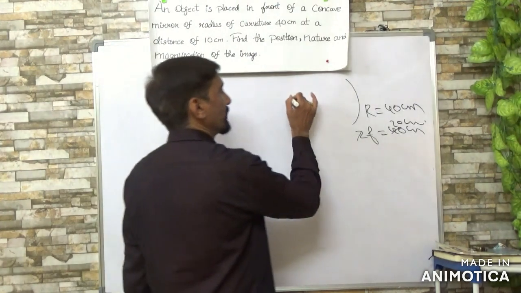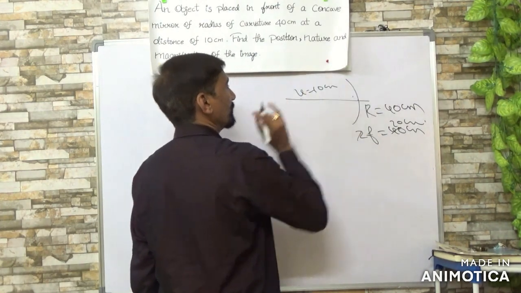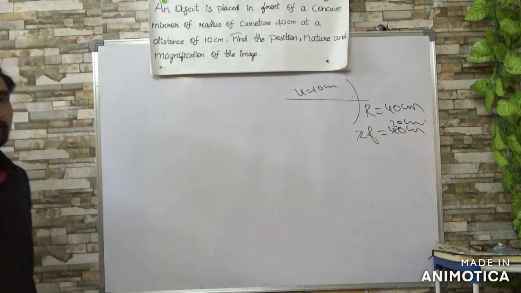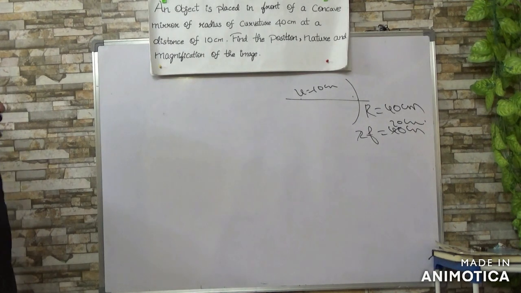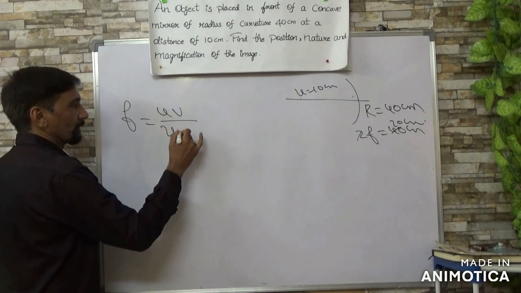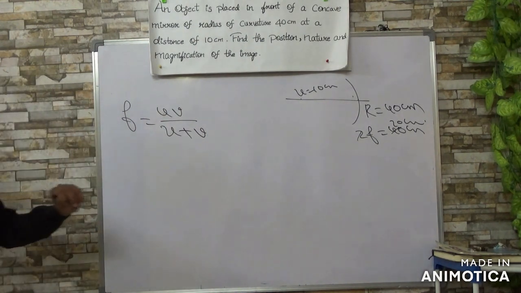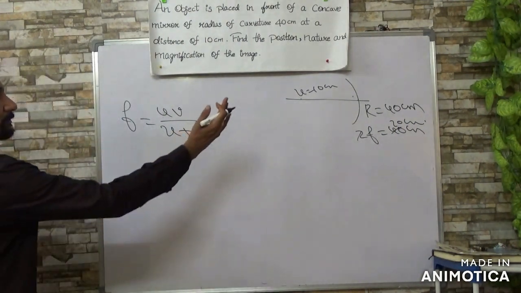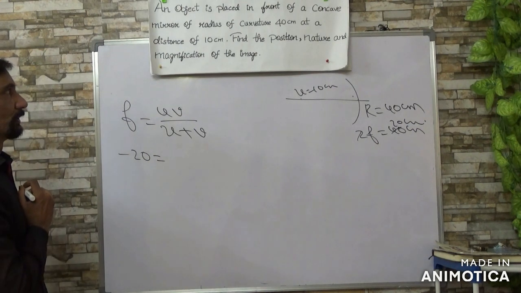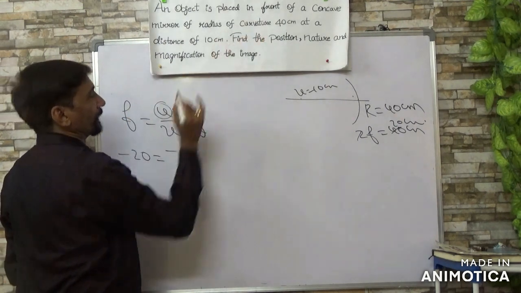The object is placed at a distance of 10 centimeters in front of the mirror, so the corresponding sign will be taken negative. So f equals uv by u plus v. f is 20, so it will be taken minus. Next, u is also minus 10.